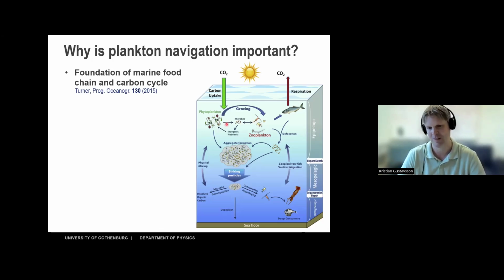For example, we already see now that plankton production is increasing closer to the poles. Moreover, it's important for the carbon cycle. Phytoplankton corresponds to around 50% of the photosynthesis in the world, so they more or less produce as much oxygen as the land-living plants.